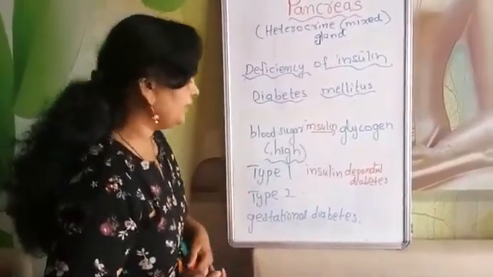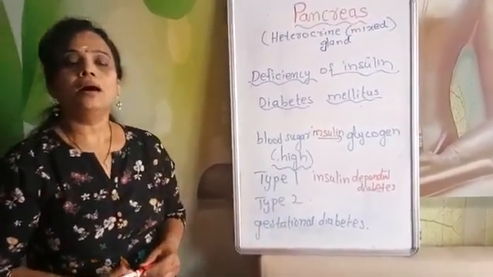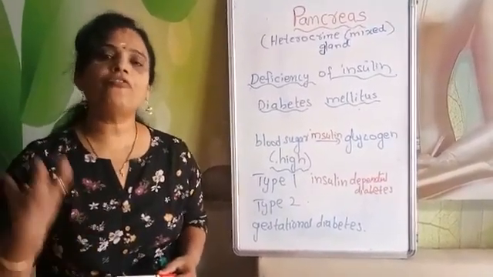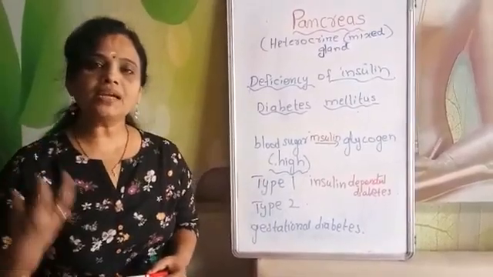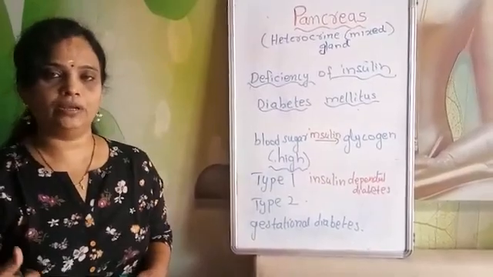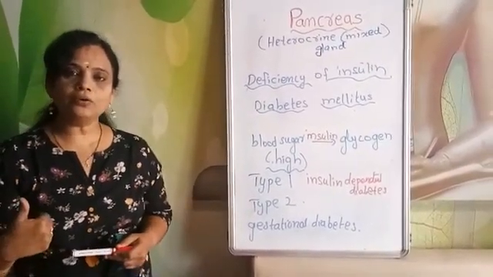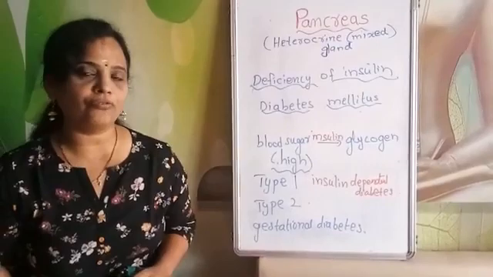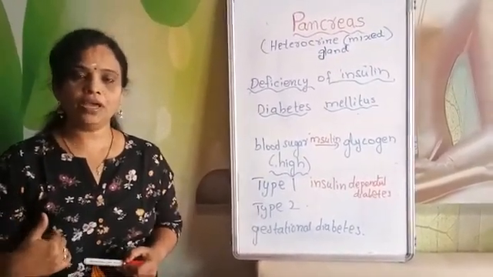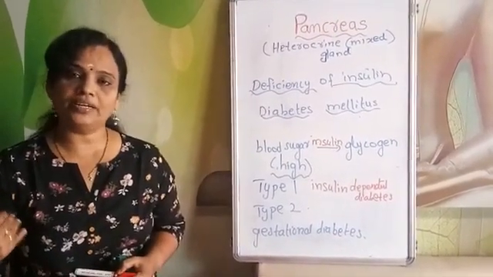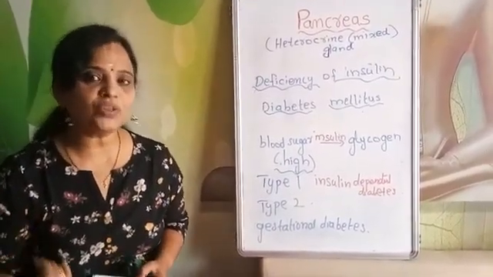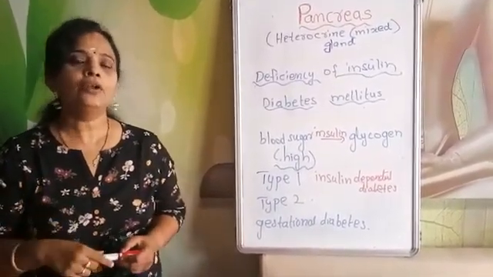In type 1 diabetes, the pancreas itself is not functioning properly, so the pancreatic cells are not releasing enough insulin. In that case we have to go for a supplement of insulin. People generally take insulin injections, and that's the reason it is called insulin dependent diabetes. Generally people take insulin injections to maintain the normal level.